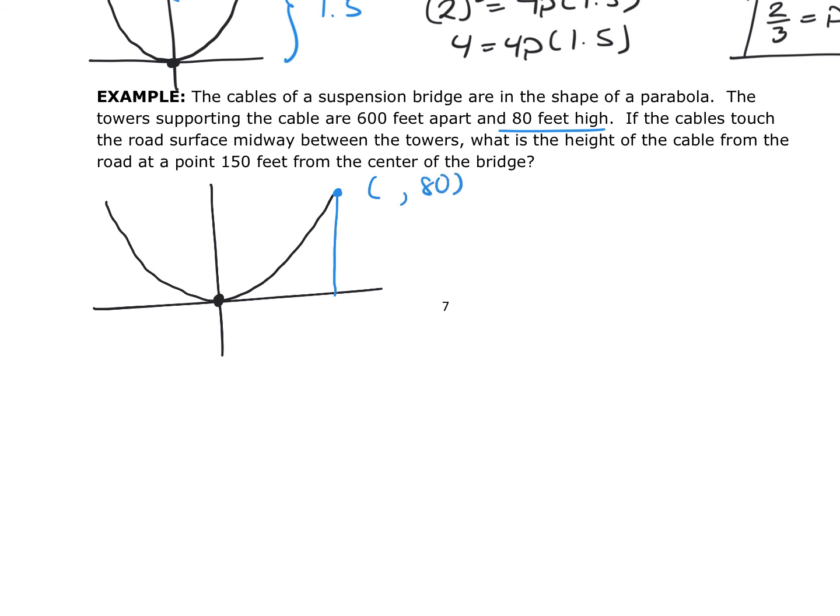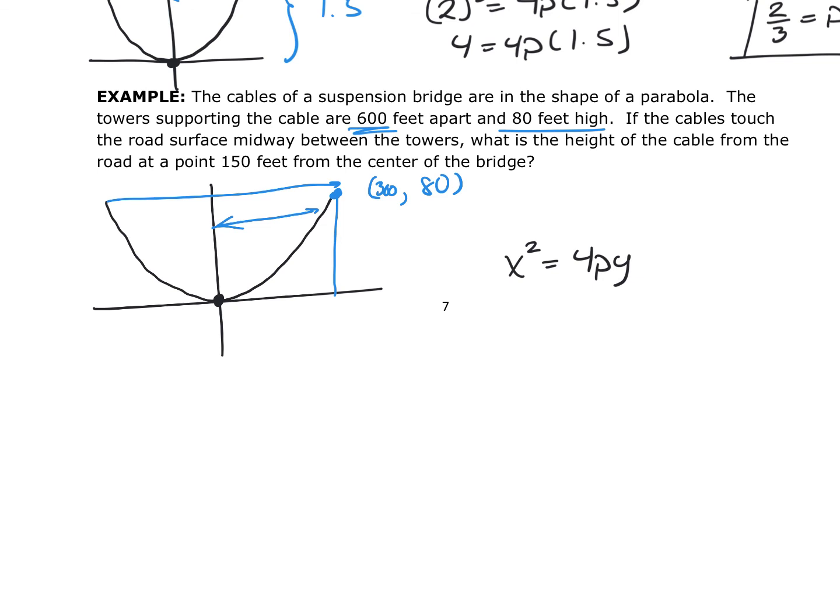They also tell me that this is 80 feet, so this is going to be the point, comma 80. Now I just have to figure out my x value. The towers are 600 feet apart, so the total distance traveled is 600. That means just this part to this point right here must be half of that, so 300. As before, the way I personally orientated, x squared is equal to 4py. Now, I have enough information to find p.